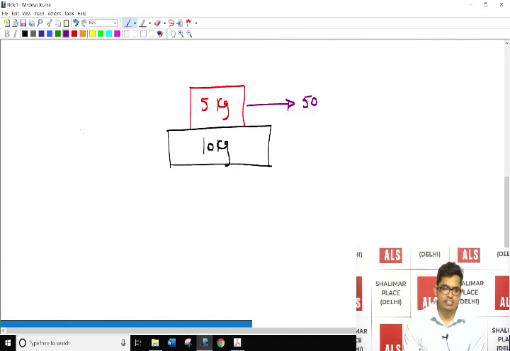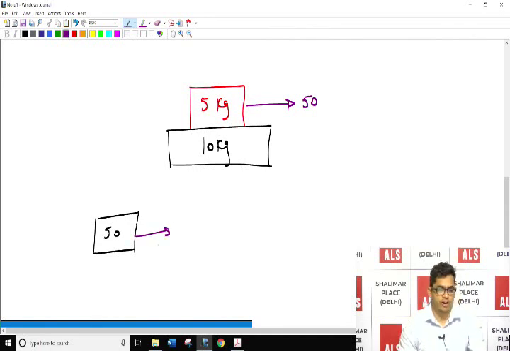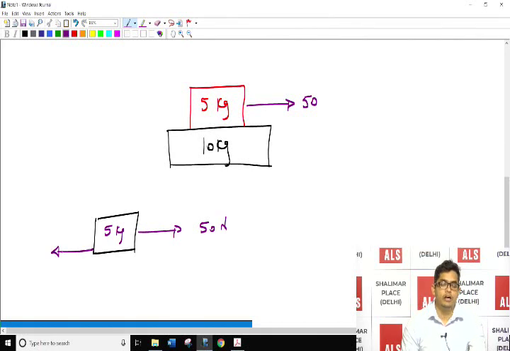If that is the case, then if you look at the free body diagram, the 5 kilogram block has one forward force of 50 Newton, and in the backward direction the friction will be limiting friction, because there is a relative motion between the two surfaces. Whenever we have a relative motion between two surfaces, maximum friction acts.